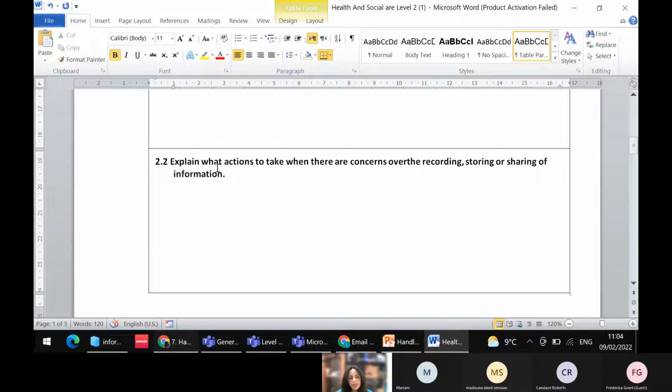So explain what action to take when there are concerns over the recording, storing, and sharing of the information.